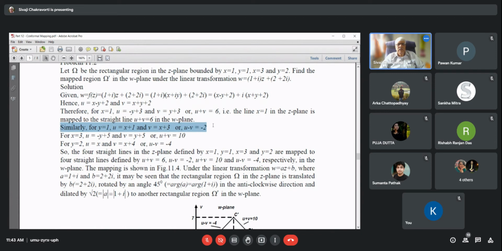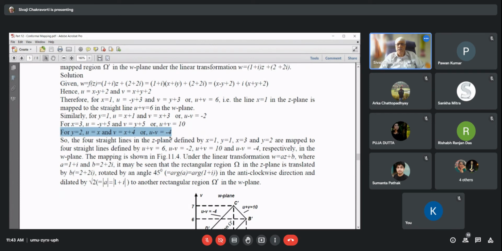Similarly, if I take y equal to 1, then you can find that this straight line will be mapped to another straight line, u minus v equal to minus 2. Then the third straight line, x equal to 3, will be mapped to the straight line u plus v equal to 10. And the fourth straight line, y equal to 2, will be mapped to the straight line u minus v equal to minus 4.